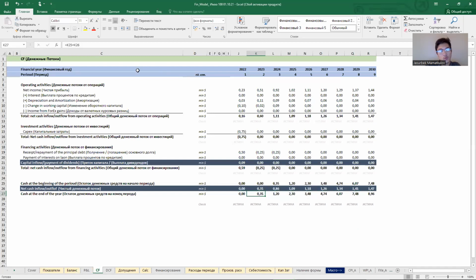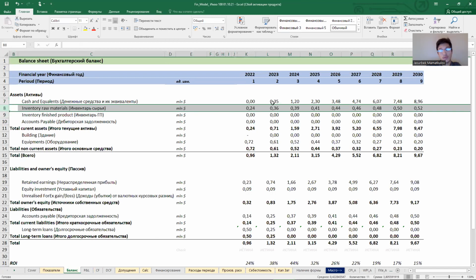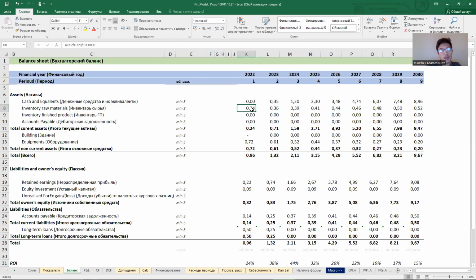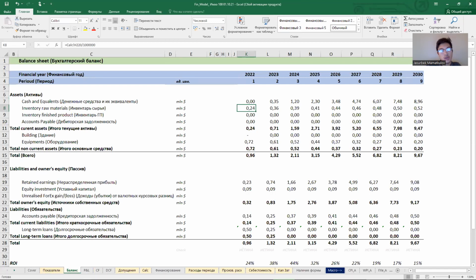But before that, of course, we did the earlier calculations. Okay, let's see the next one, inventory. It means inventory of raw materials, how many raw materials we have in our stock, and it's coming from the calculation.